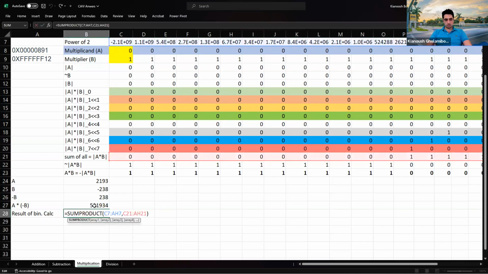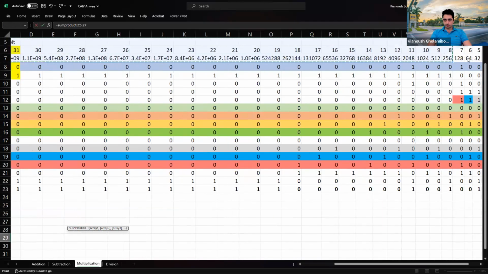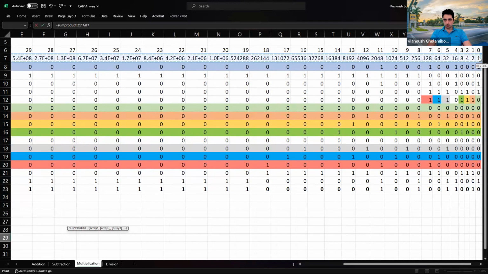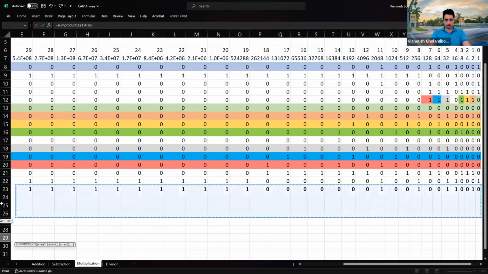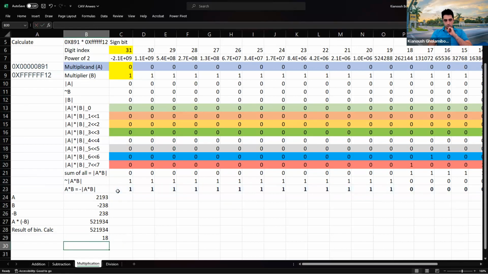Which is in accordance with the answer that we were supposed to get, right? Now, when you negate that in the next two lines, you will get basically the sum product of the powers of 2, this row, and the last row. This one I negated by 2's complement.